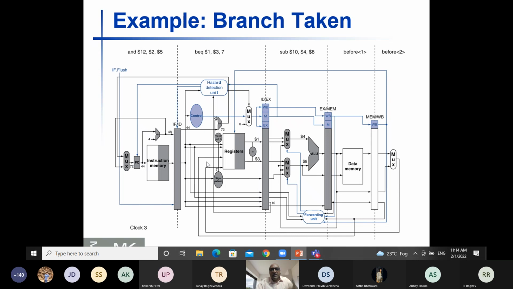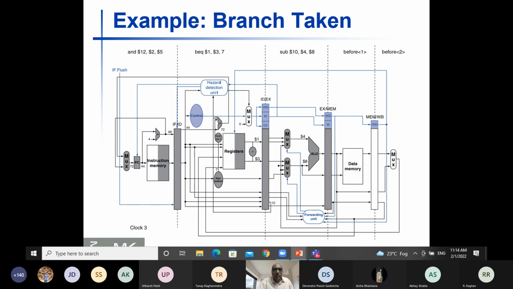And that depends on how frequent the branch instructions are. Suppose the branch instructions are 20% of the instructions, and half of them are taken, half are not taken, just in a statistical sense.